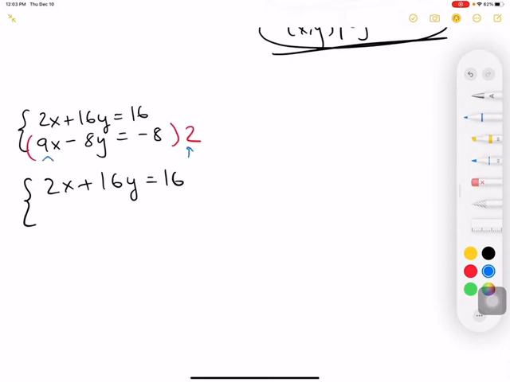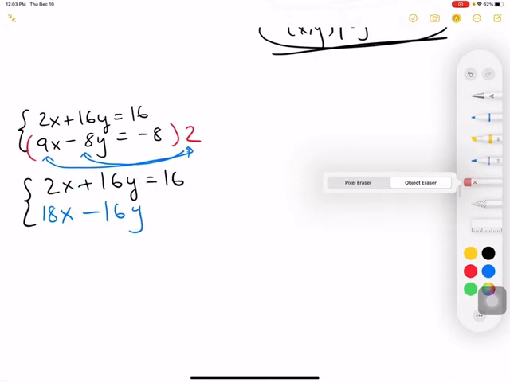So 9x times 2 is going to be 18x, and then negative 8y times 2 is negative 16y, and this is the purpose, right? We want to make those two numbers the same but with opposite signs so that they cancel out. And then 2 times negative 8 is going to be negative 16.